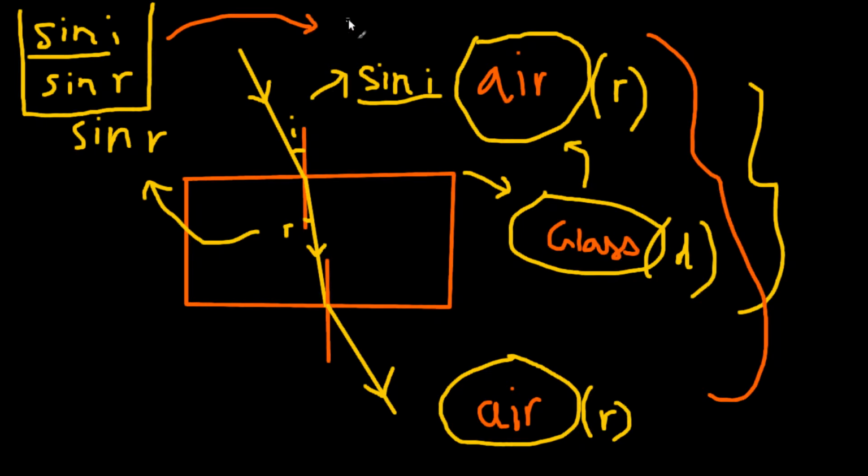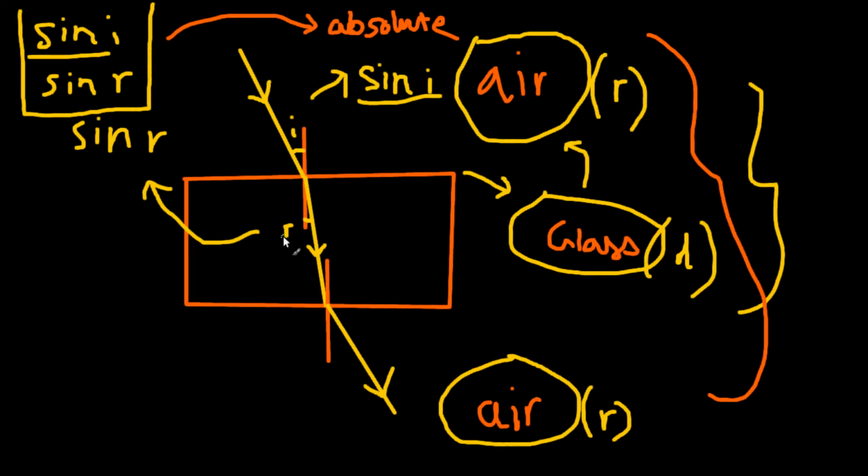And remember that whenever you have any sine I by sine R or any refractive index of any substance with respect to air, that's called its absolute refractive index. An easy way to remember refractive index: it just tells you the degree to which the light will bend in that medium.